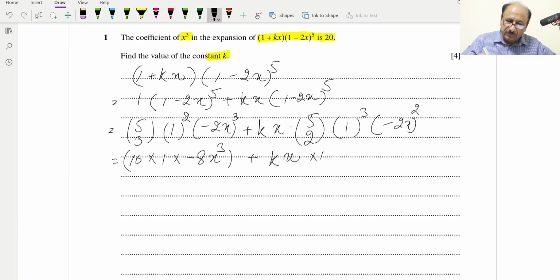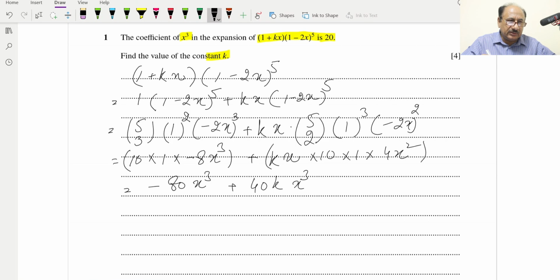So this is multiplied by 10 into 1 and minus 2x squared, which will be plus 4x squared. We can put this in brackets. So this will be minus 10 into 8, which is 80, so minus 80x cube, plus 10 into 4, which is 40, so we can write 40kx cubed.